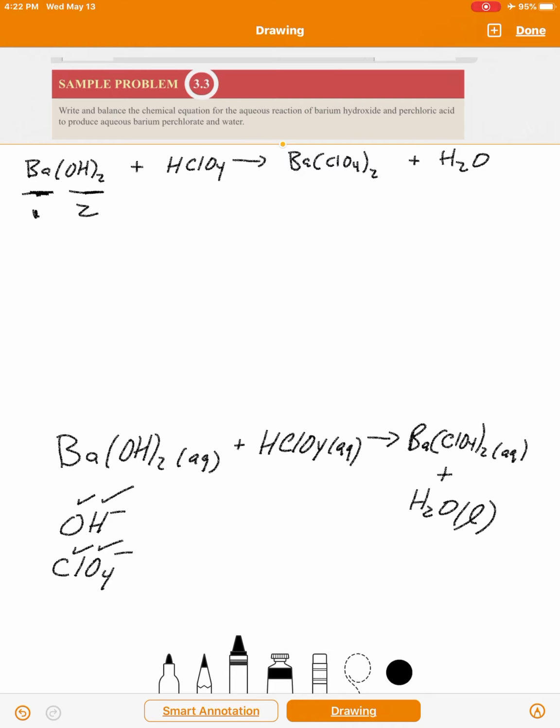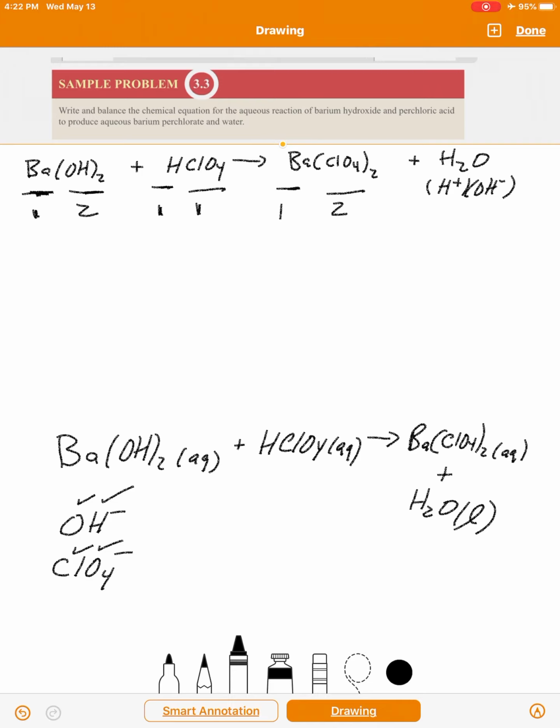You can think of the perchloric acid as having one hydrogen and one perchlorate. Barium 1, perchlorate 2. And then it's not a bad idea to think of water as H plus OH minus. Sometimes people will think of it that way. So that makes it a little easier to balance.